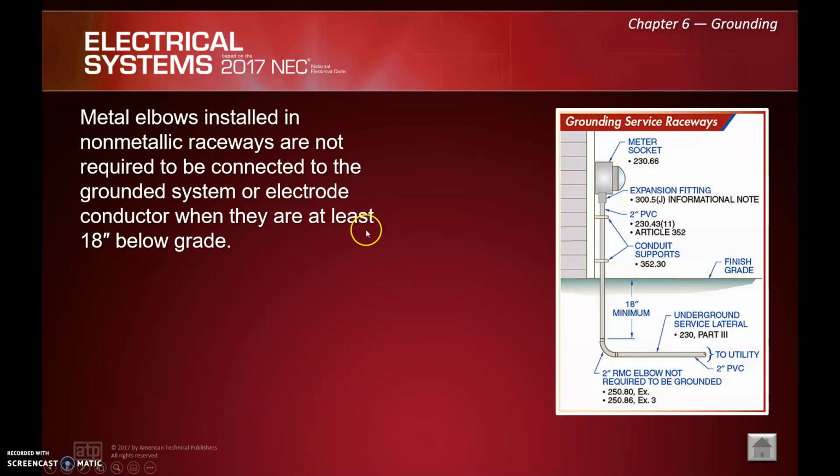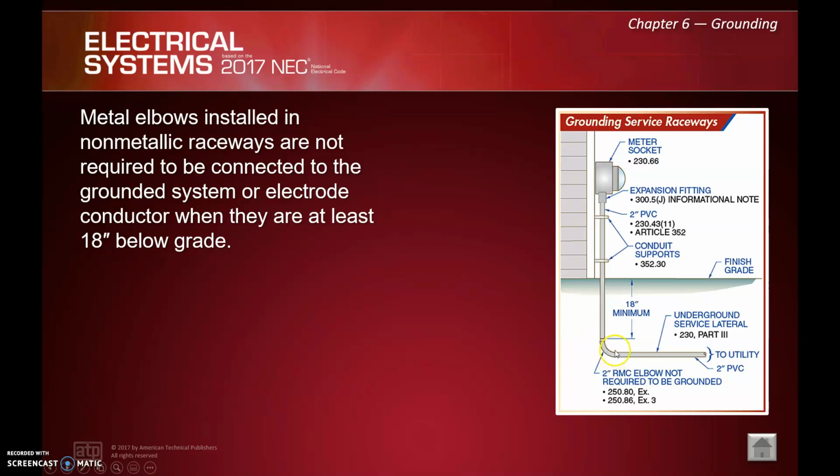Metal elbows installed in non-metallic raceways are not required to be connected to the grounded system or electrode where they are at least 18 inches below grade. This is a big one here, guys. Easy point to mess up. A lot of times we'll put in a rigid elbow to help with our pull so we don't burn through a PVC 90. If this is PVC here and PVC here, this pipe is now technically isolated from our electrical ground.